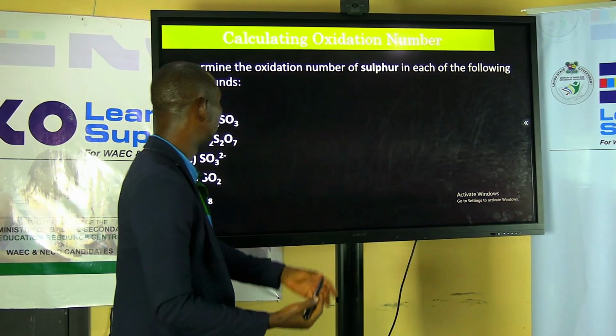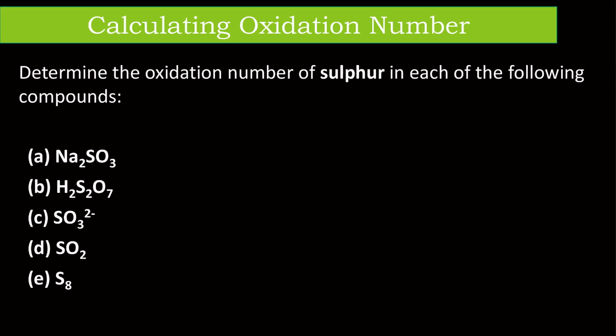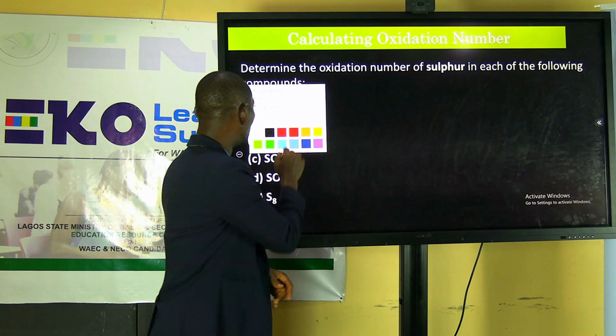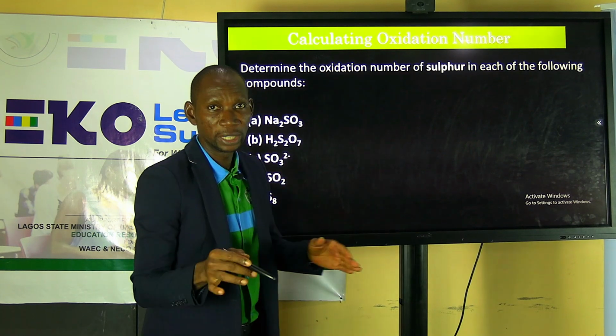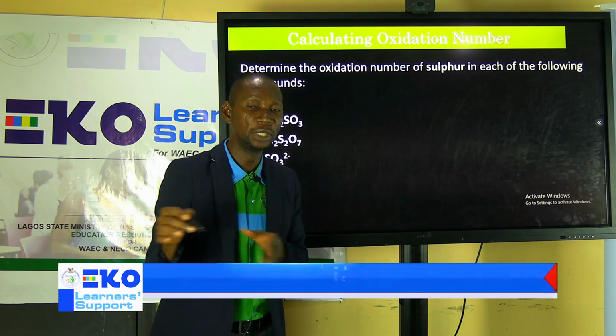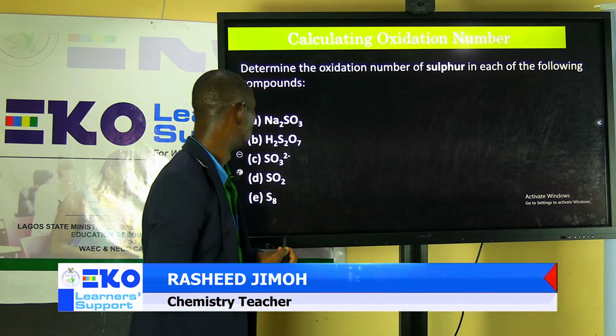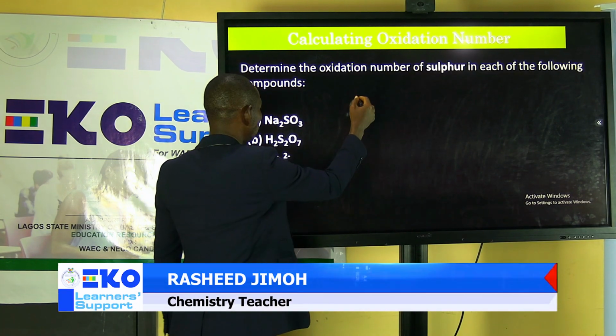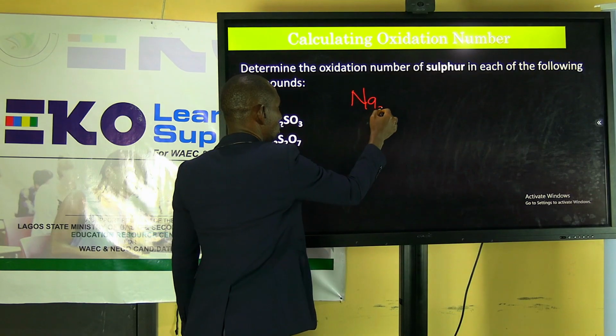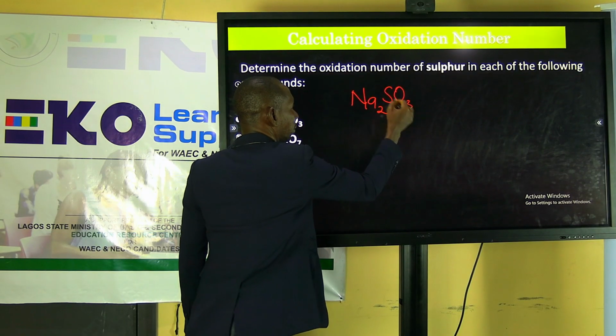Now, let's do the magic by calculating the oxidation number of some compounds that are here. Are you ready? If you're not ready, then pause the video and go through the rules again, because you will need the rules to be able to do this. Let's start with the first one, that is Na2SO3.